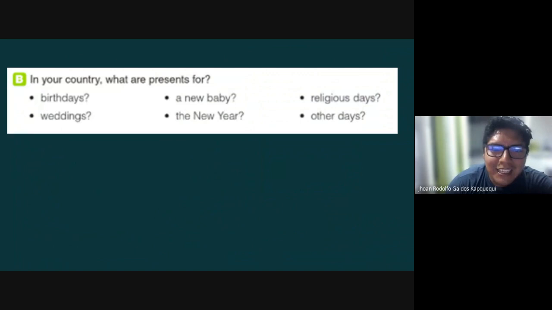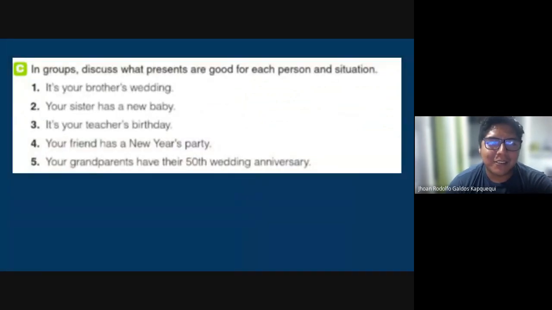Now, let's take a look at something else here. We're going to be divided in groups. And in these groups, we're going to discuss presents that are good for each person and situation. For example, we have different likes, we have different tastes. So we prefer different types of presents. But we have also to take in consideration the context of the present.